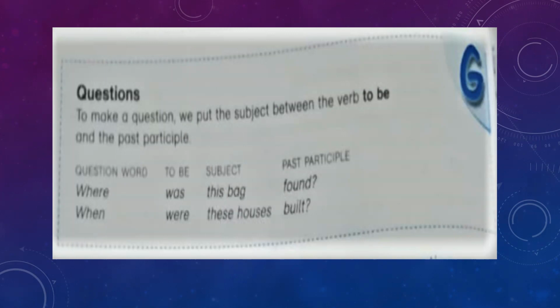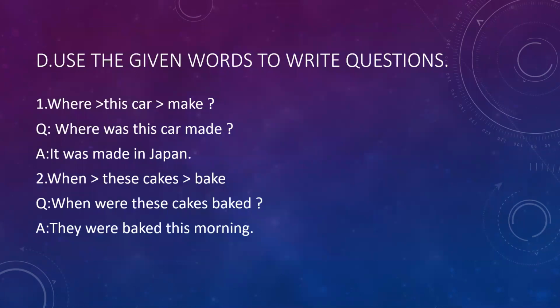To make a question, we put the subject between the verb to be and the past participle. First of all, if there is a question word, for example, where, when, or what, then we use helping verb was or were, then subject, and then past participle. Understand? Now come to the exercise D.